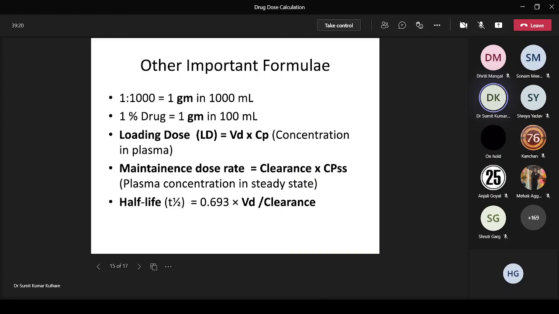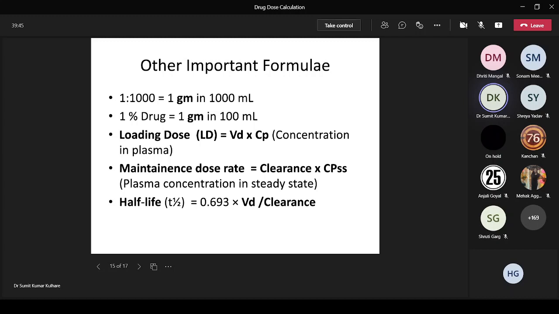Then there are some other important formulas also. Certain drugs come in vials or ampules, and their concentration is mentioned. For example, epinephrine is 1 is to 1000 concentration, or epinephrine is 1 is to 1 lakh concentration. What does that mean?